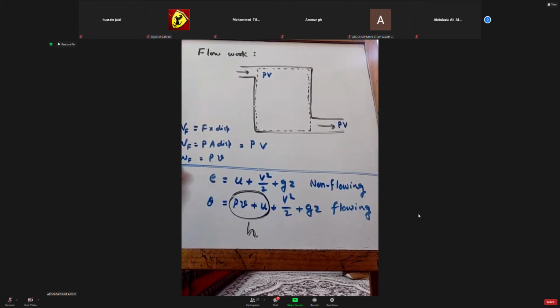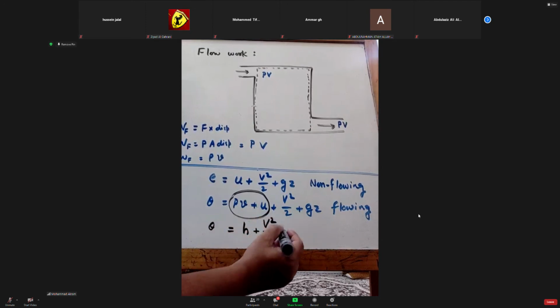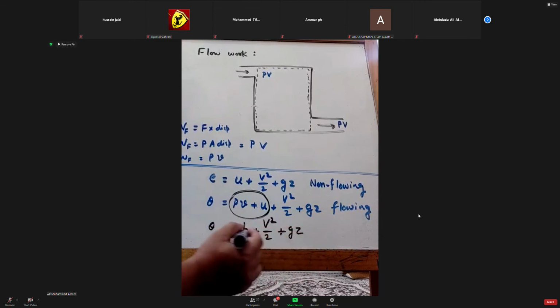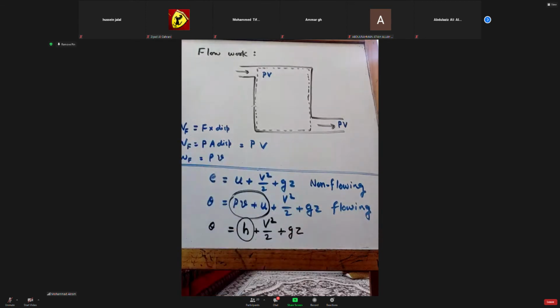So if I write H instead of this, then theta will become H plus V square by 2 plus gZ. This is the total heat content of the body, plus kinetic energy plus potential energy. Remember, this is for flow.